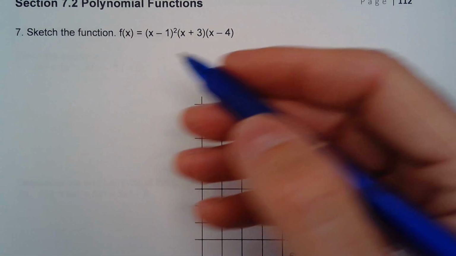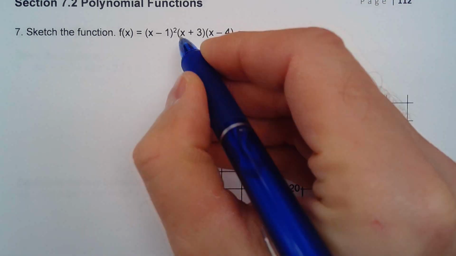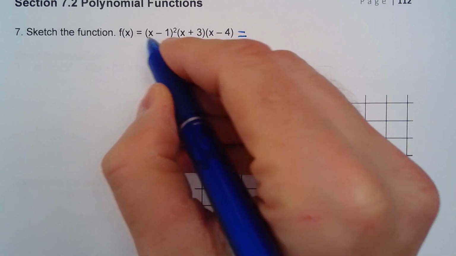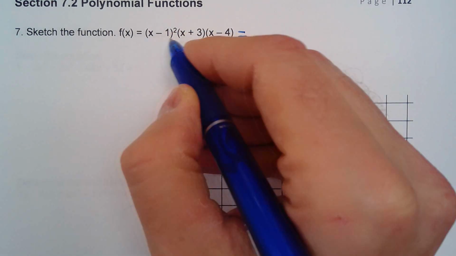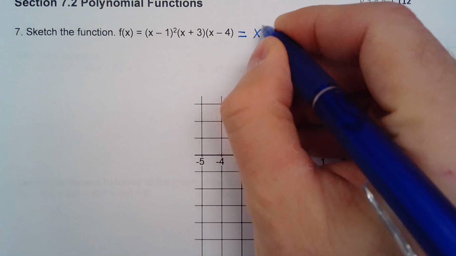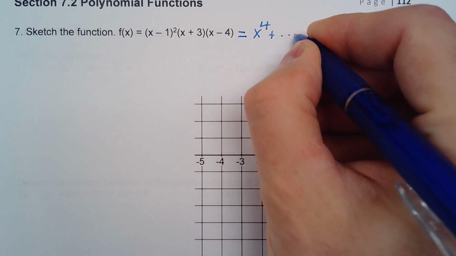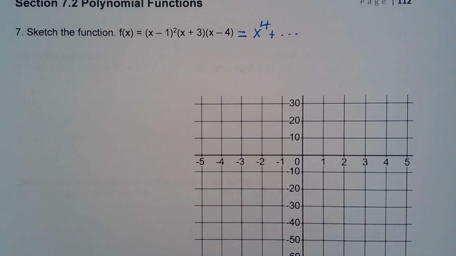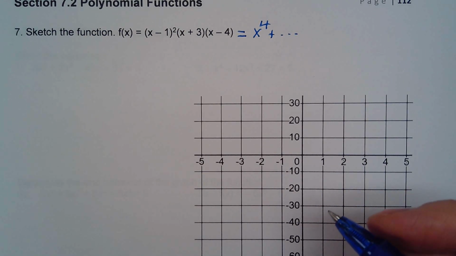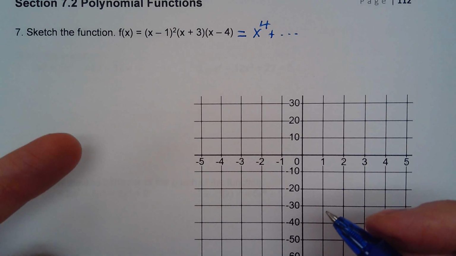So again, if I were to pseudo multiply this out, this would give me an x squared plus a bunch of terms. FOIL that out, I get x squared plus a bunch of terms. X squared times x squared gives me x to the fourth plus a bunch of terms. So I just think about, hey, this is even.